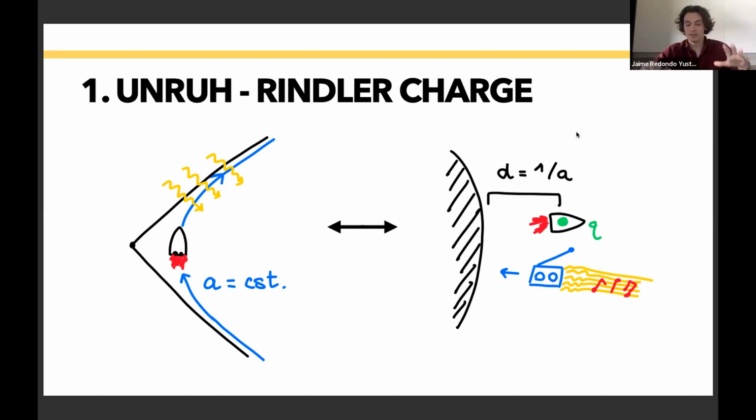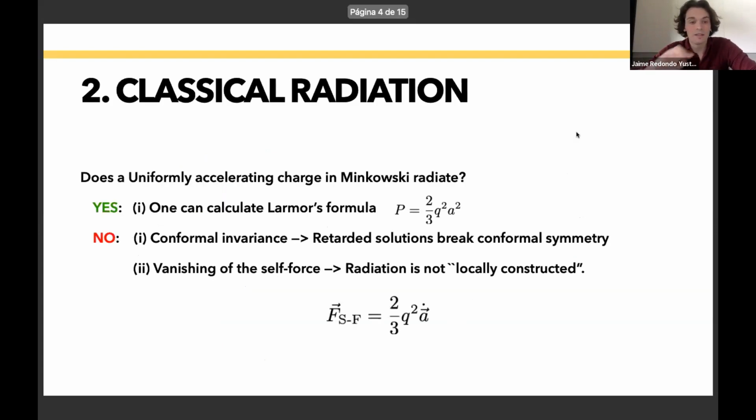As I said before, the previous talk has described very well how to analyze this calculation very carefully, so I'm not going to stop here very much. But this analogy is something that is good to have in mind, in particular the relation between uniformly accelerating charges and charges being restrained from falling into a gravitational well.